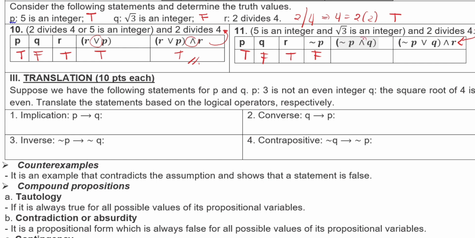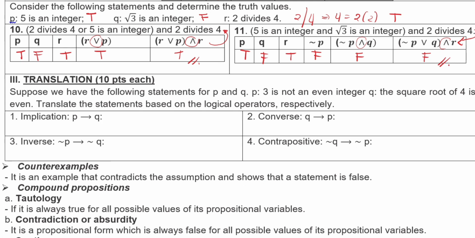Not P, we're going to use the conjunction and. So if both are true, then the answer is true. Here it's false, therefore automatically that is false. Then here is false, we're going to use again the conjunction. So expectedly, the answer is false.